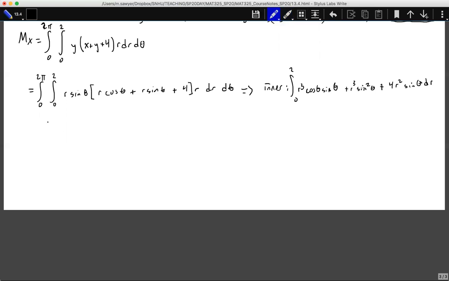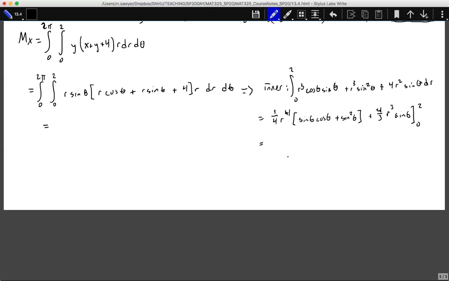So with this, we can integrate this, and our inner function then becomes 1/4 r to the 4th times sine theta cosine theta plus sine squared theta, plus 4/3 r cubed sine of theta, evaluated from 0 to 2.